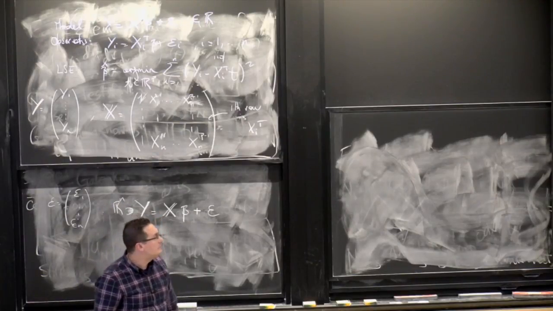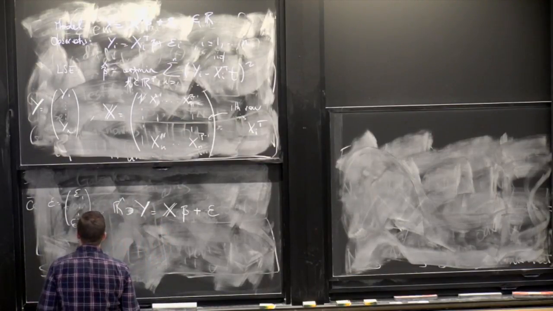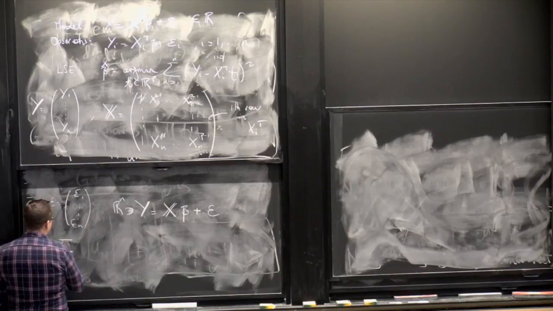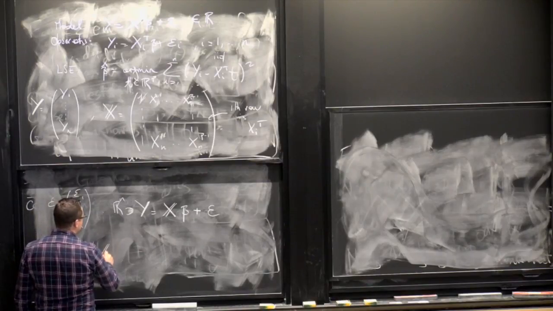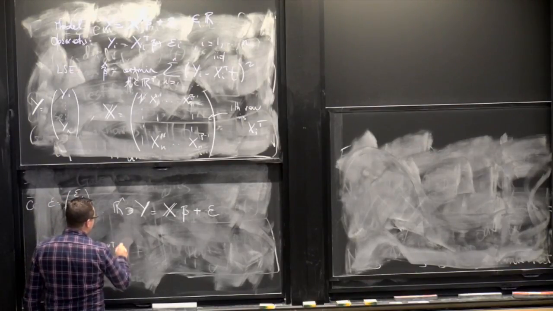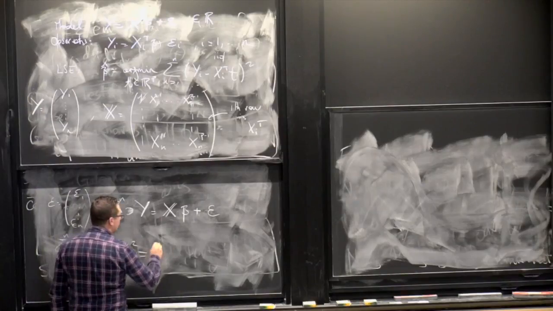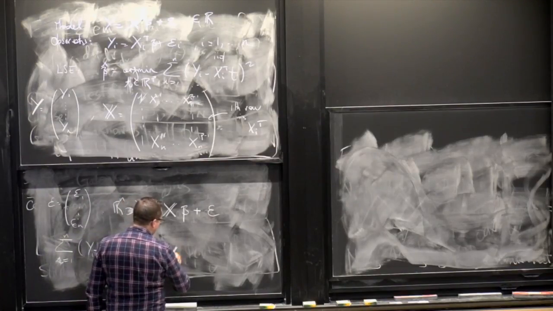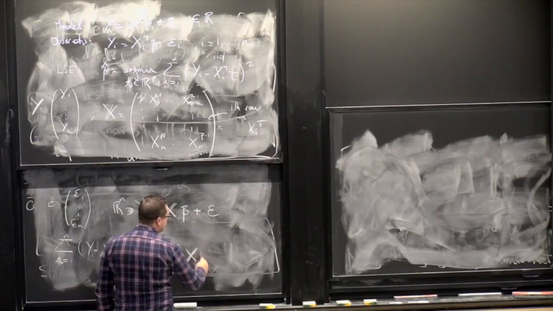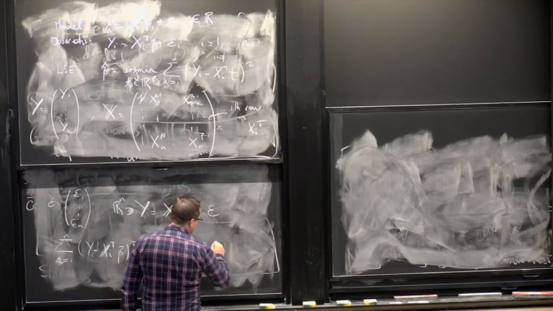But now, when I have this, I can actually rewrite the sum for i equals 1 to n of yi minus xi transpose beta squared. This turns out to be equal to the Euclidean norm of the vector y minus the matrix x times beta, squared.